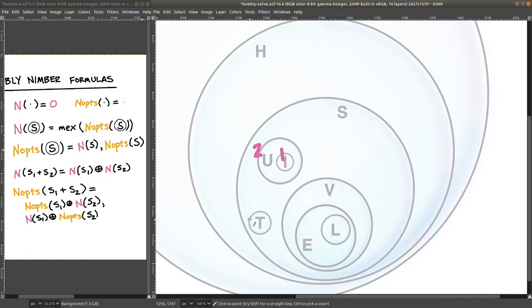I is 1, T is 1, L is 1, E is 2, V is 3. And so we don't need to put the orange numbers for the inner states here. The only reason we would need the orange numbers for E and L is to figure out the orange numbers for V. So we can just put V as 0, 1, 2. So anytime I have one that's just a nim stack equivalent, I'll just do the outermost one.